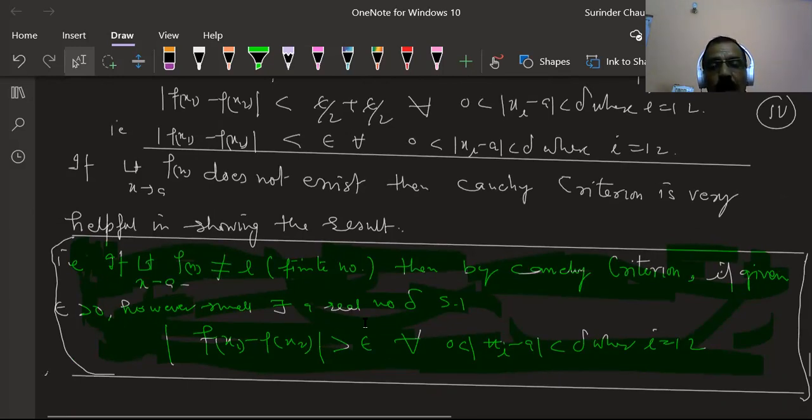You can find an epsilon such that |f(x1) - f(x2)| becomes greater than some certain finite number for all x belonging to the deleted delta neighborhood of a, then the limit of the function does not exist. So this helps us in finding if the limit does not exist.